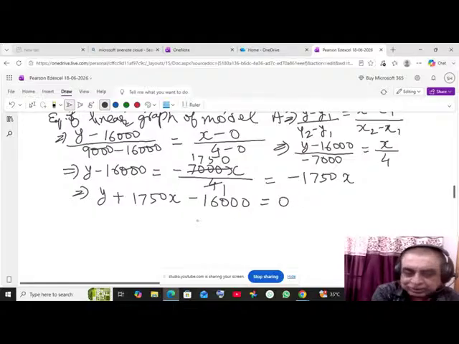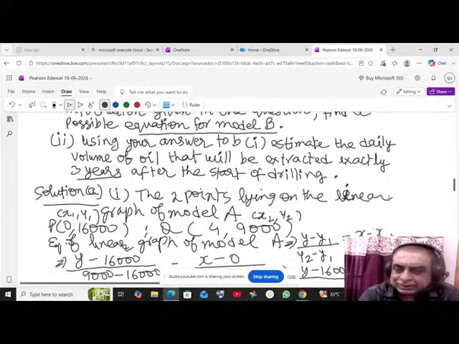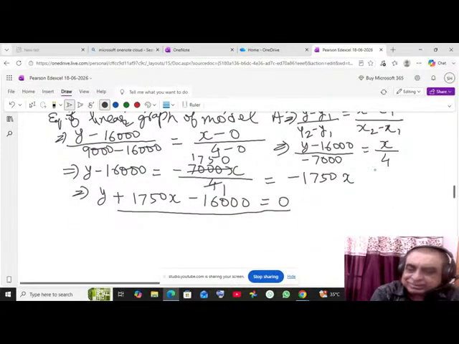Okay, here the equation of, so x denotes what? X denotes here the time actually. X is equals to time in years. Okay.